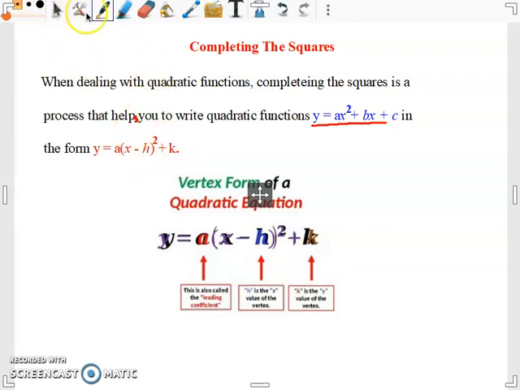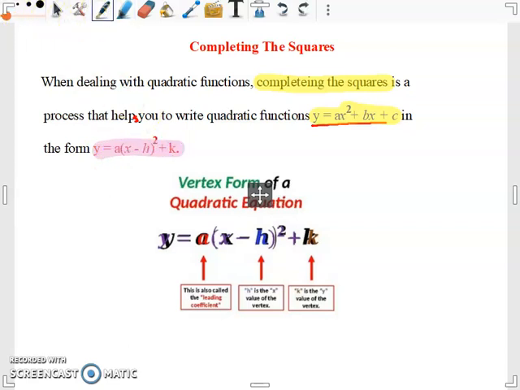Let me just do a little recap. So completing the squares, which is the topic, is a process that helps us to write quadratic functions, in this case y equal ax squared plus bx plus c, in the form y equal a open bracket x minus h all squared plus k.